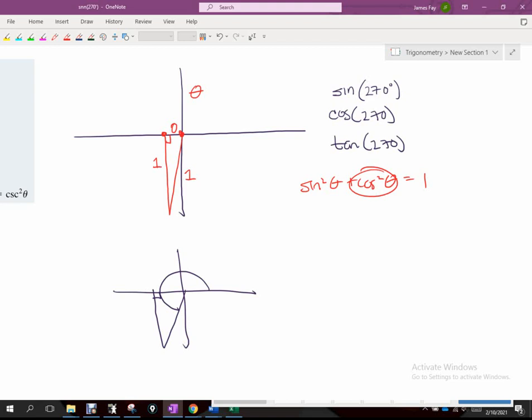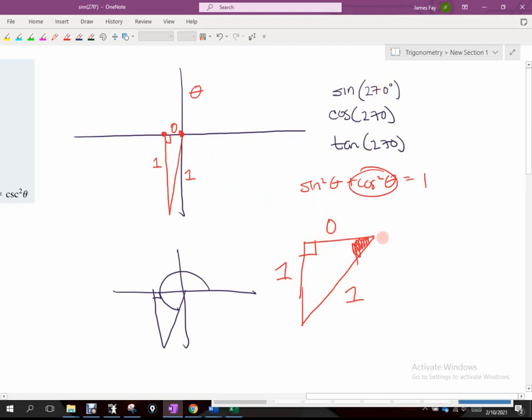But it's the only way that I can draw it to hopefully make some sense of what sine of 270 is, what cosine of 270 is, based off of SOHCAHTOA. Right now I'm just extending this triangle and making it a little bit bigger so I can do the work. That's my right triangle, and you're interested in that angle right there. And I ask you, well, what is the sine of 270?